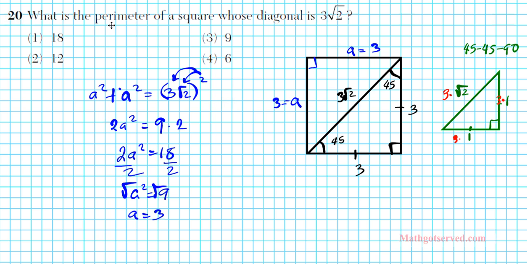The problem says what is the perimeter? All right, we know what the perimeter of a square is. Perimeter of a square is 4 times the length of a side, or side plus side plus side plus side. Whichever way you want to do it, it's going to be 4 times 3, and your final answer is 12. All right, so we can clearly see that the answer is option number 2.